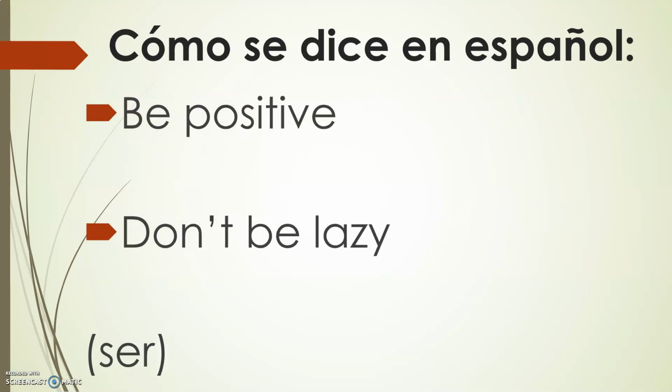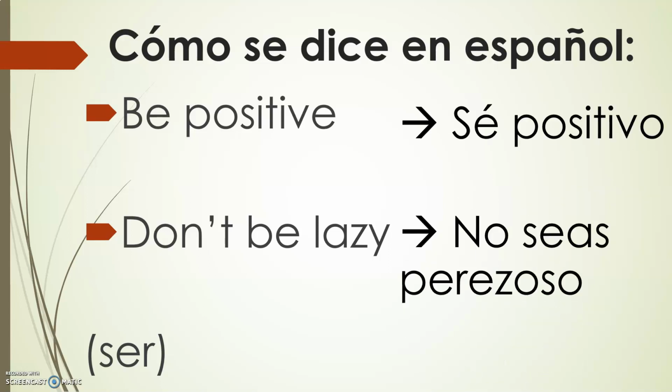¿Cómo se dice en español be positive and don't be lazy? The verb is ser. Be positive is sé positivo, unless you're talking to a girl. And don't be lazy is no seas perezoso.